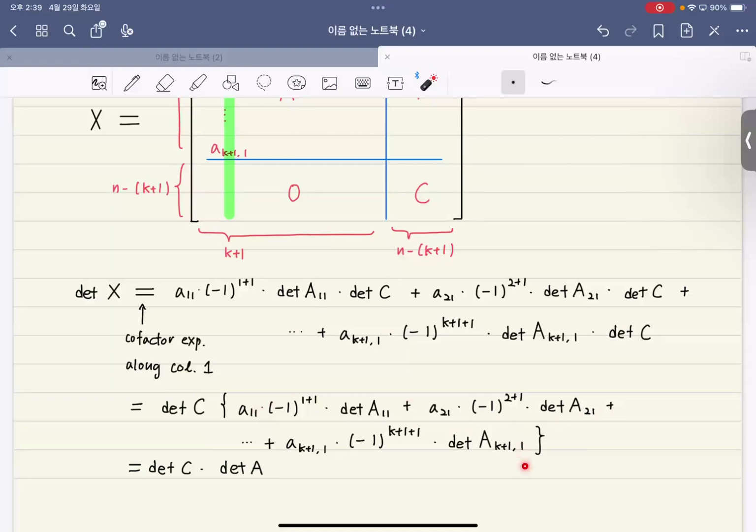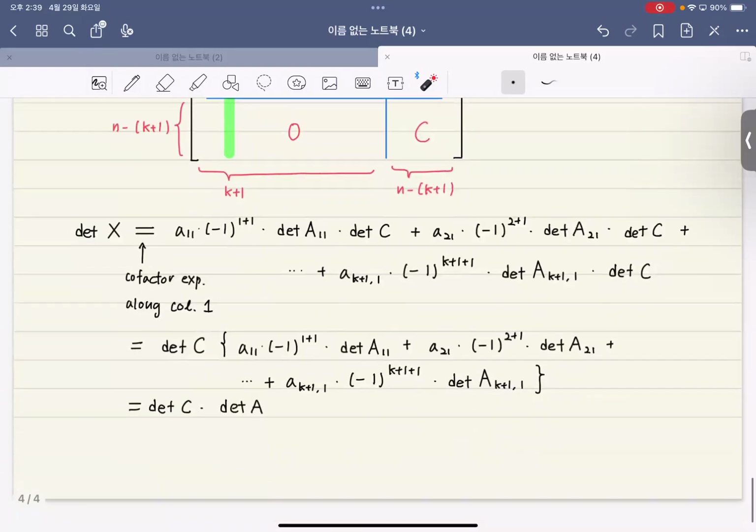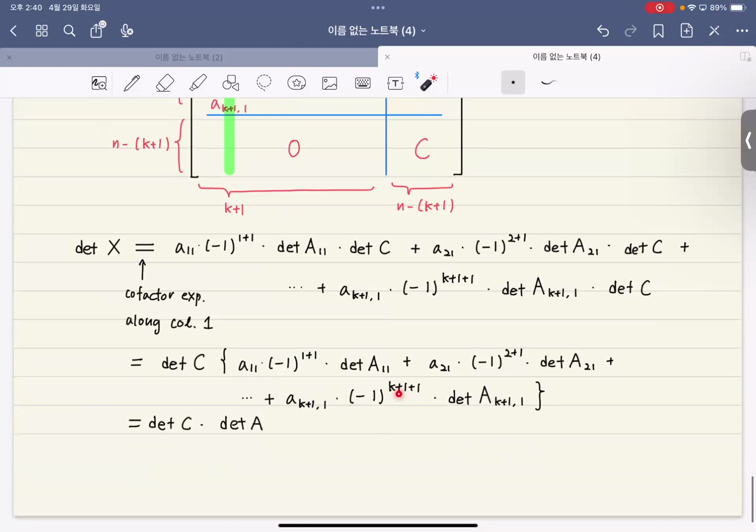Combining the rest, this is clearly the cofactor expansion of this k plus 1 by k plus 1 matrix A. So this is the determinant of A. The proof is done.